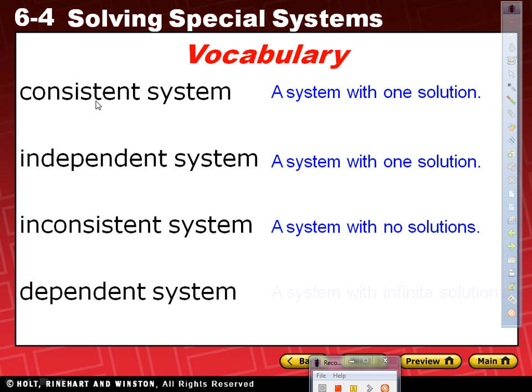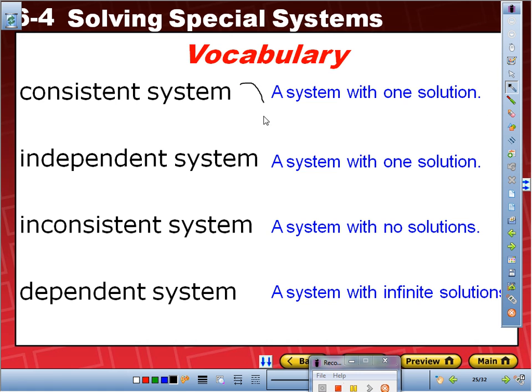Vocabulary. Consistent and independent systems are systems with one solution.